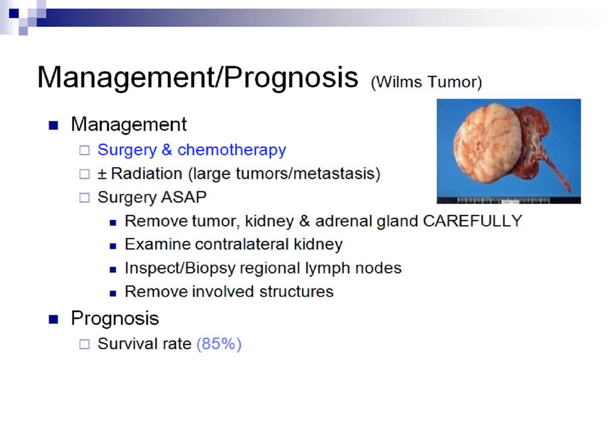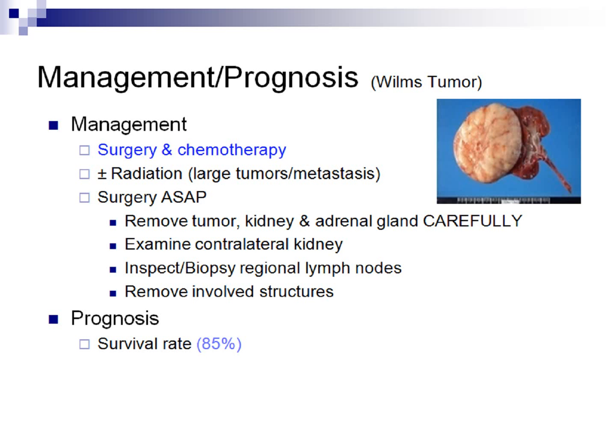These children are treated usually with surgery followed by chemotherapy. They may do radiation before surgery with really large tumors or when there's a risk for metastasis. And they go in surgically. They remove the affected tumor, kidney, adrenal gland very carefully. Remember, this is in this sac that you don't really want to rupture. I use this term sac loosely.